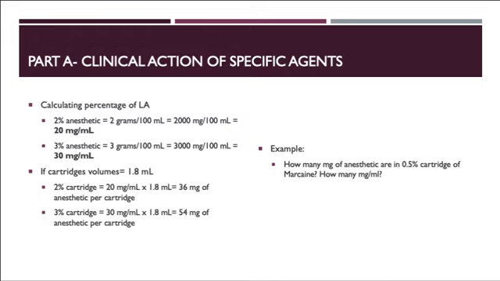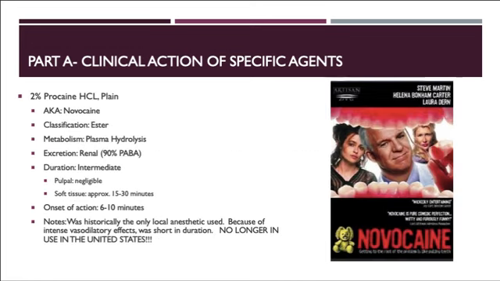So if you take a 1.8 mil carpule, and multiply that by 5 milligrams per mil, then you have 9 milligrams of Marcaine. Hopefully that was clear. If not, please let me know, and I can work with you on this a little bit further. But the math should be pretty clear.